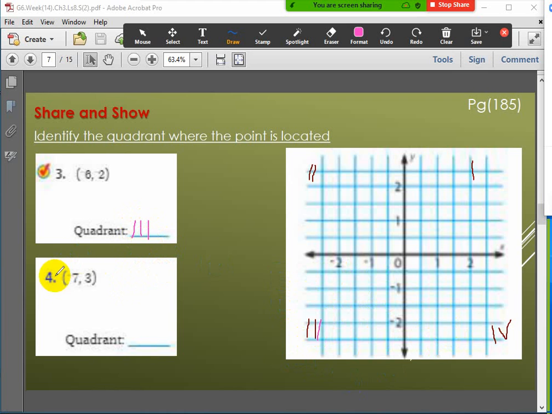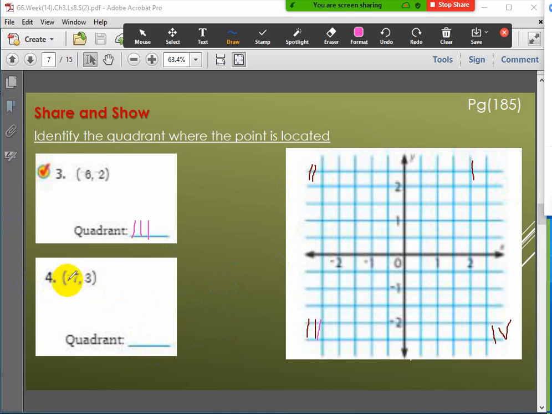What about number 4? Yes, Lena, open the mic and tell me. The point is (-7, 3). The x is negative, the y is positive. In which quadrant will this point be located? Very good, in quadrant 2. Thank you, Lena.